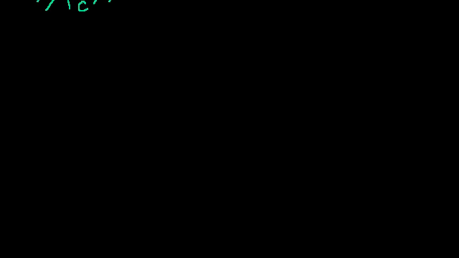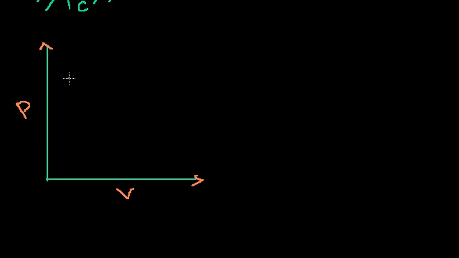So one of the things, let me just draw a PV diagram. P and V. In the Carnot cycle we've done so far, we always moved in one direction. We had our isothermal expansion. It went something like that.